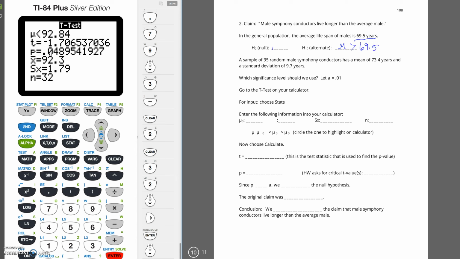Our null would be mu equals 69.5. A sample of 35 random male symphony conductors has a mean of 73.4 years and a standard deviation of 9.7 years. And we're going to let alpha be 0.01.